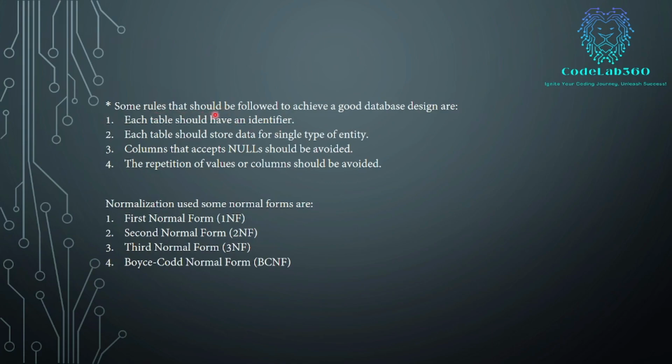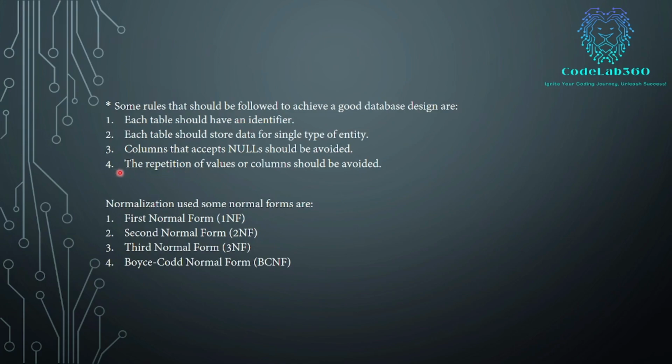Some rules that should be followed to achieve a good database design are: each table should have an identifier; each table should store data for a single type of entity; third, columns that accept null should be avoided; and fourth, repetition of values or columns, the data redundancy, should be avoided.